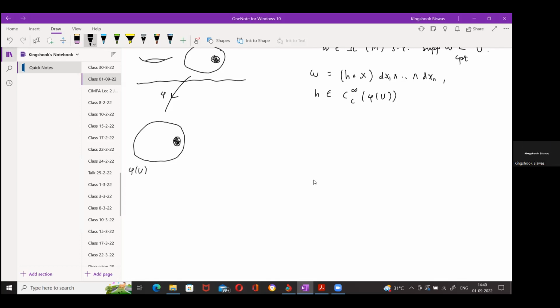Okay. So then we want to define the integral of omega over the manifold M to be just the integral over phi of U of h dx1 dxn, right?